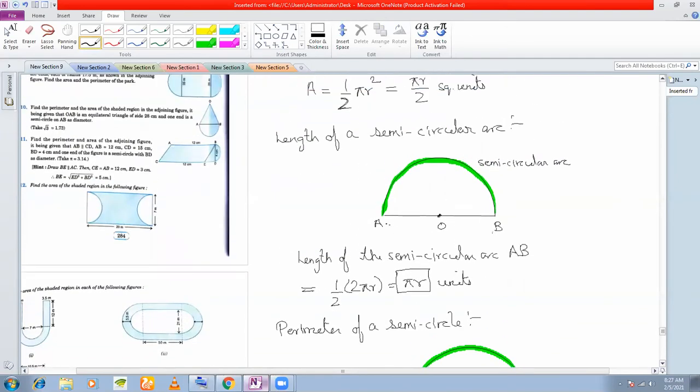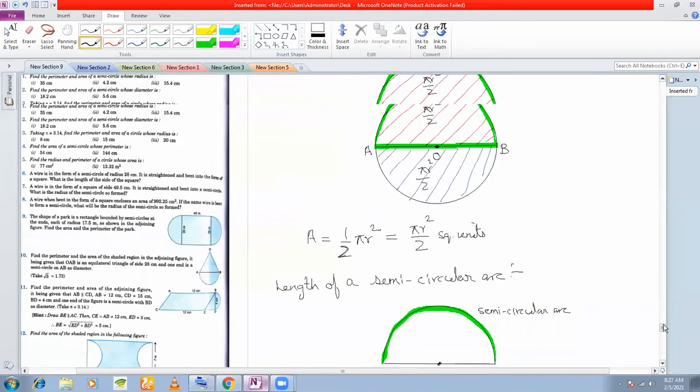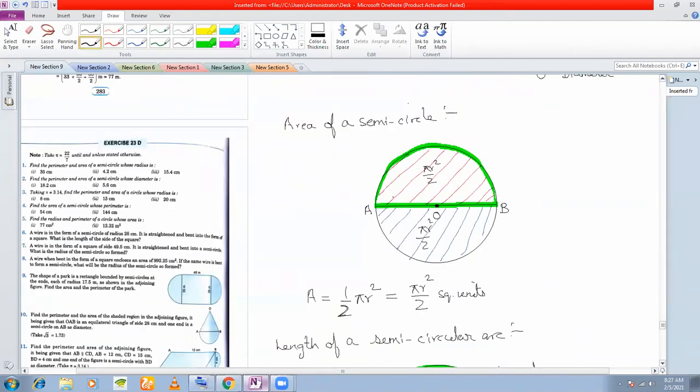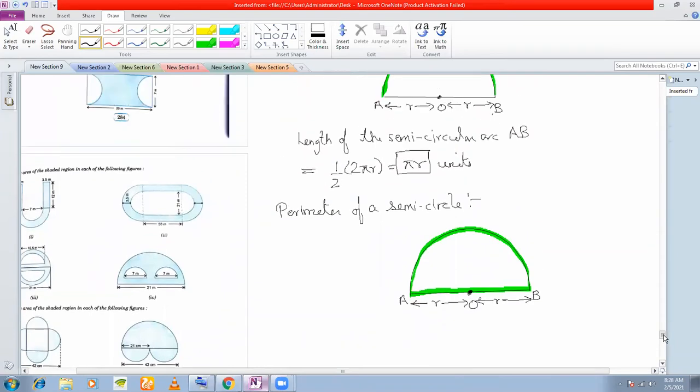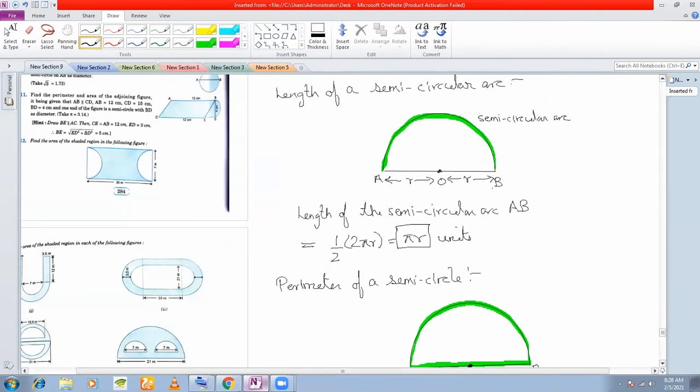So this is R, and this is also R, the radius of the circle. What is the difference between these two figures? The earlier one was only the length of the semicircular arc, the one that I outlined, only the curved part.